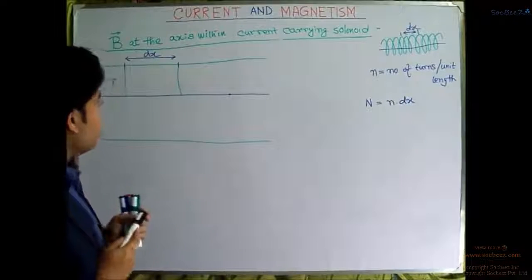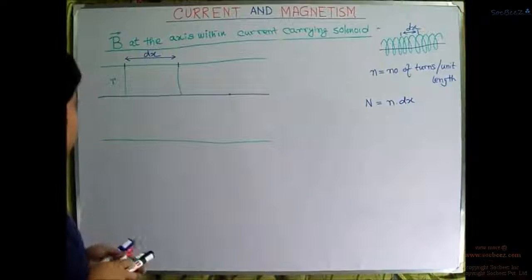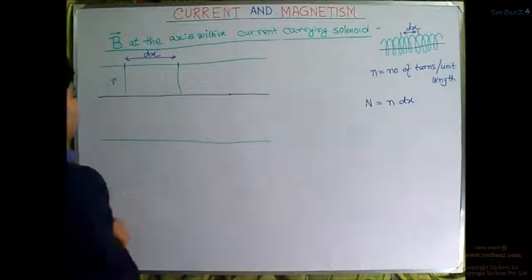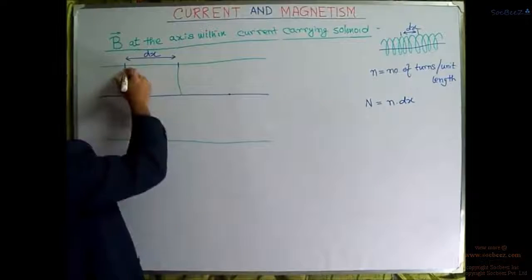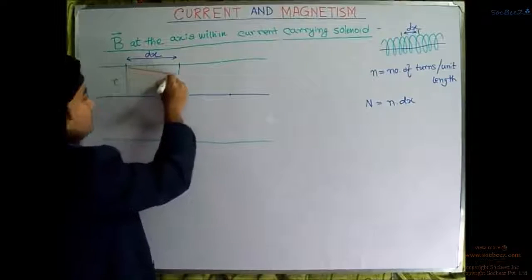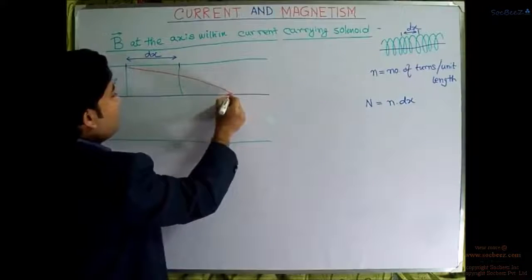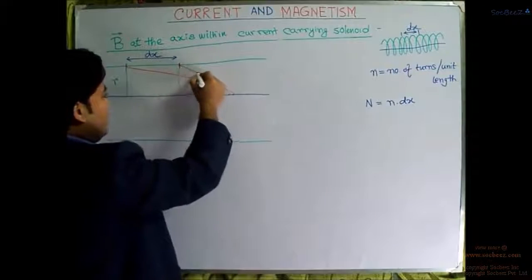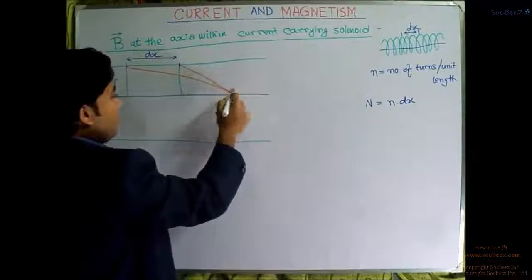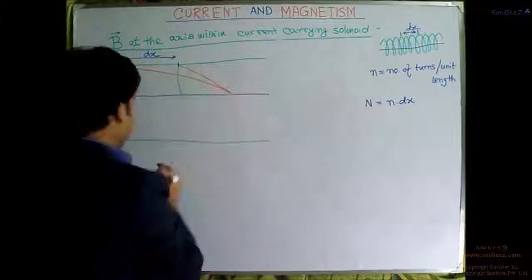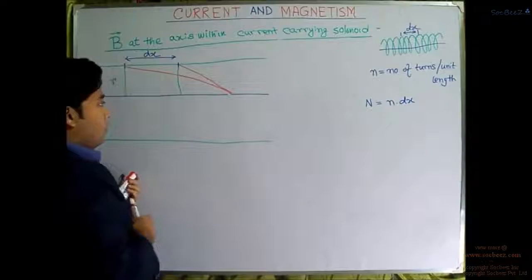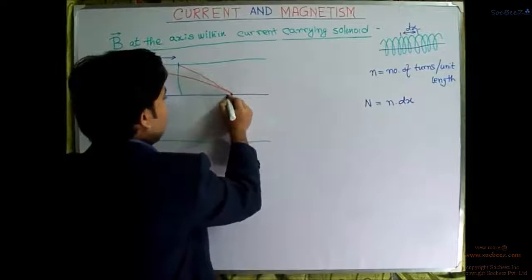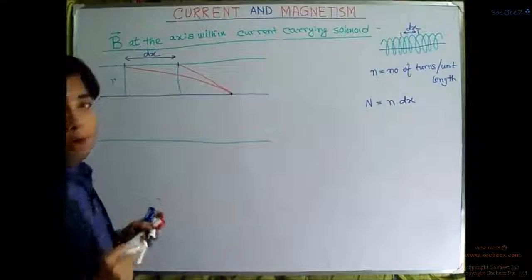So we could say that it would come like this for this point, and likewise this point will be somewhat over here. We wish to find the magnetic field at this point.